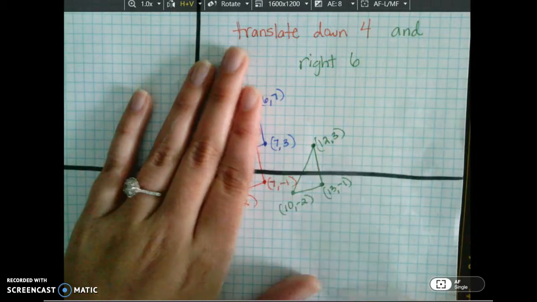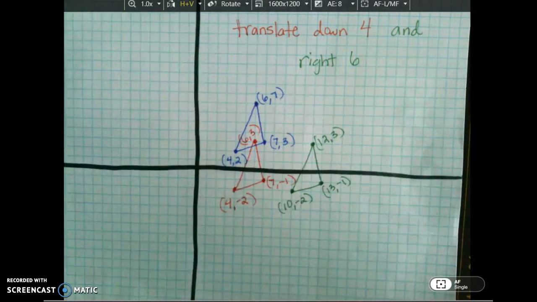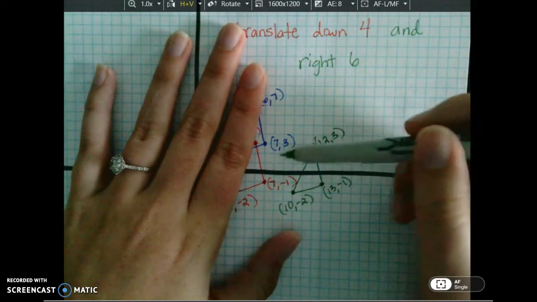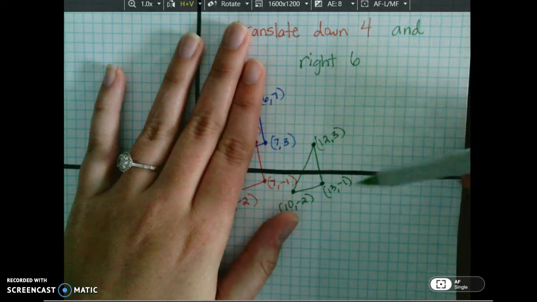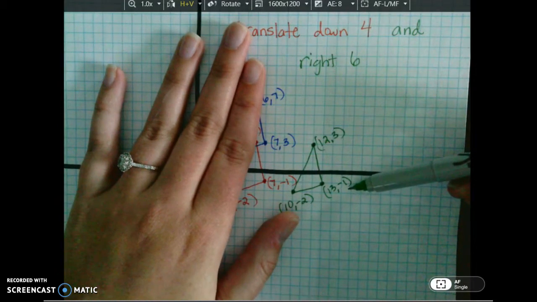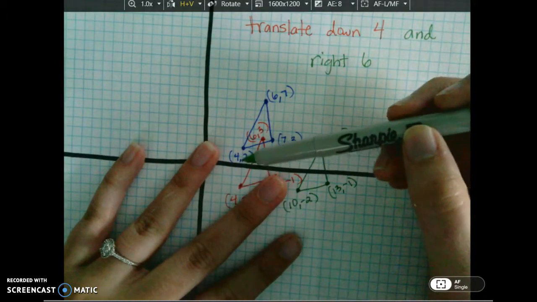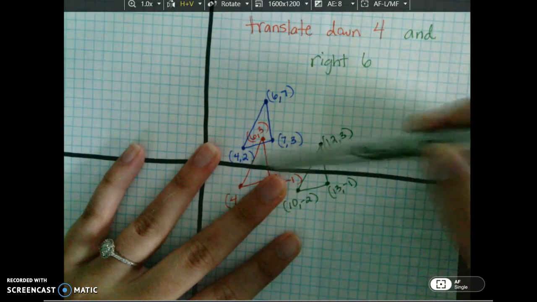This one, 7, excuse me, 7 plus 6 gives me 13. 3 minus 4 gives me negative 1. There's that point. And the last one here, 4 plus 6 gives me 10. And then 2 minus 4 gives me negative 2.